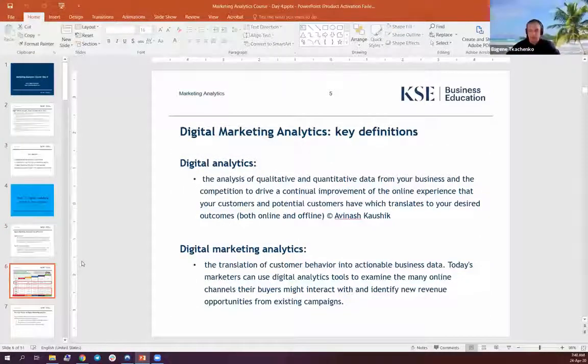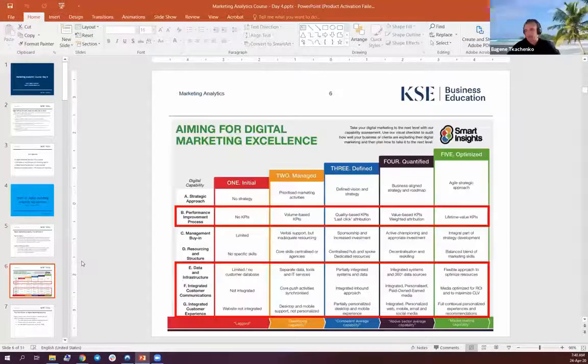So I believe you remember this scheme by heart by now, because as I was mentioning, it's one of the most important slides for this course. Understanding which stage of your digital marketing transformation or digital marketing excellence you are at is crucial.